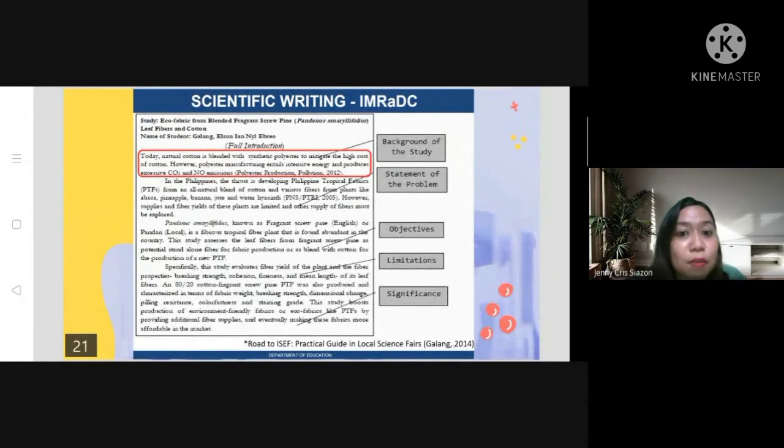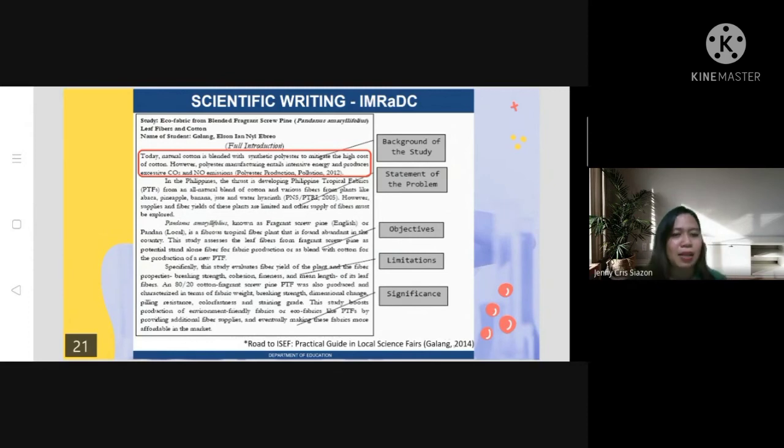Okay, and this is one of the examples. In this eco-fabric research, tandaan ha, ito ay applied research at the same time uses a pine tree, Pandanus amaryllifolius, with the involvement of its leaf fibers and cotton.